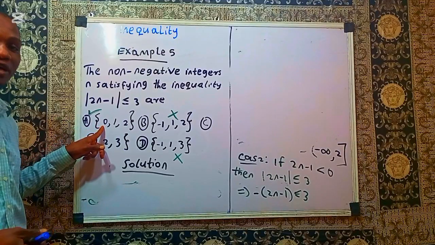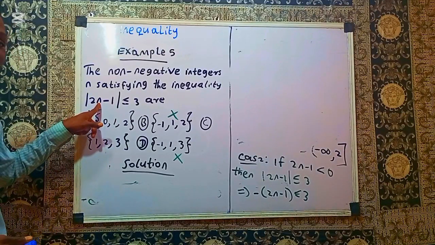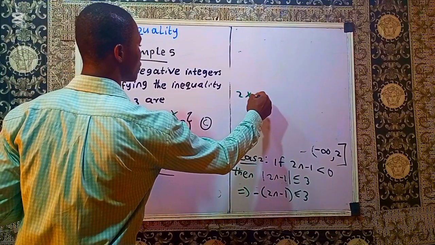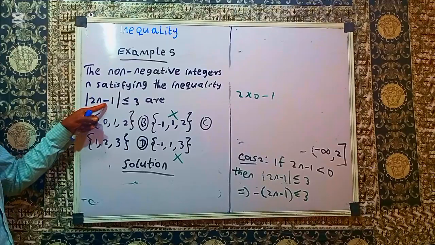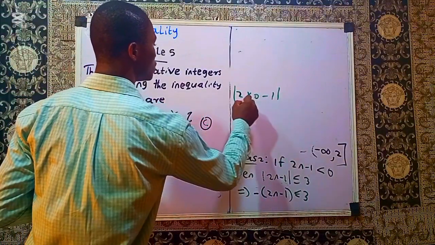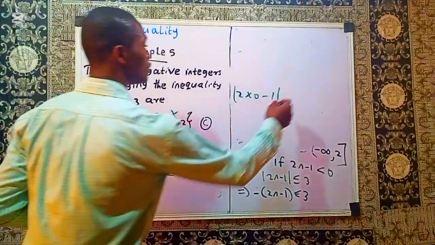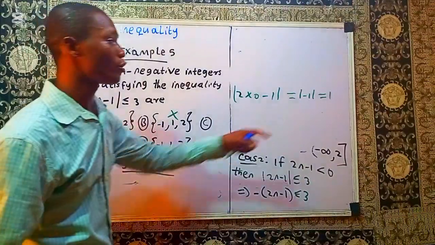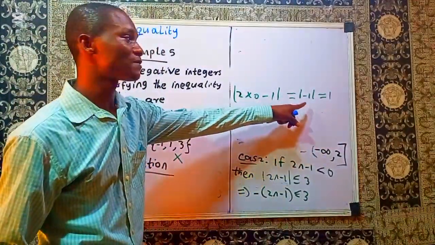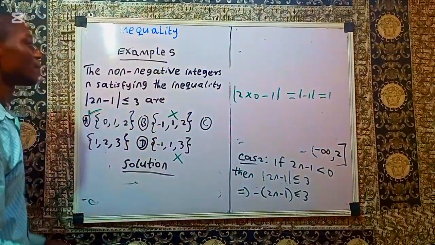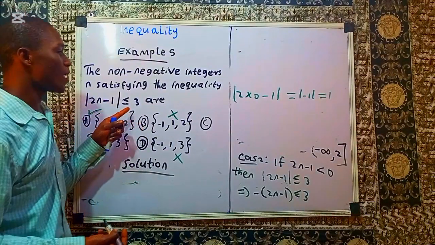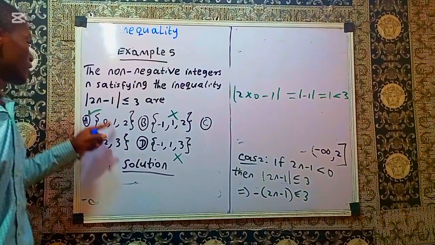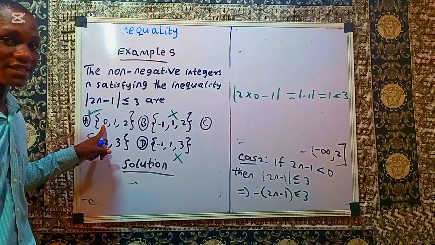Coming to option A, if I substitute n with 0, you are going to have 2 times 0 minus 1, in absolute value. 2 times 0 is 0, so we remain with the absolute value of minus 1, which is 1, because absolute value will always return a positive quantity. And clearly 1 is less than 3.